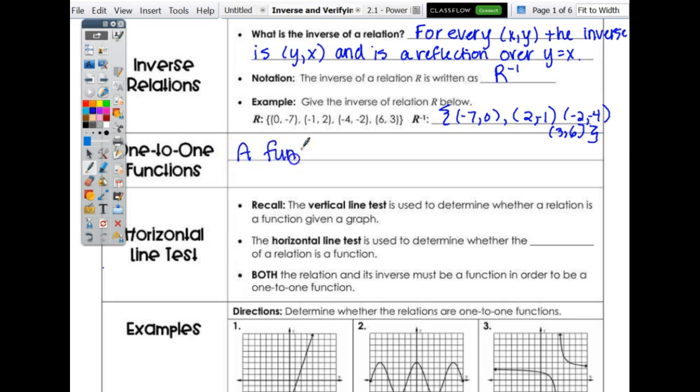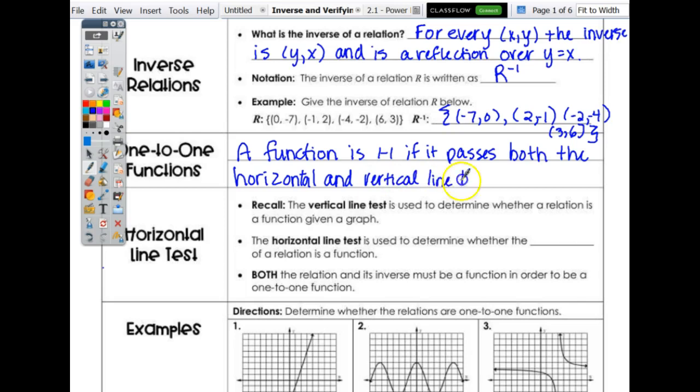So a function is 1-to-1 if it passes both the horizontal and vertical line test. The relation and the inverse are both functions if it's 1-to-1.